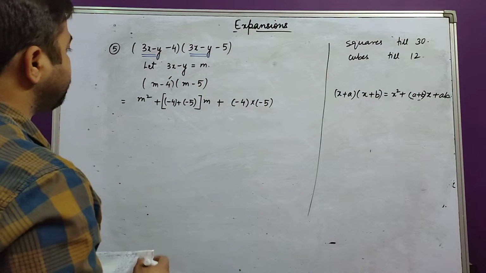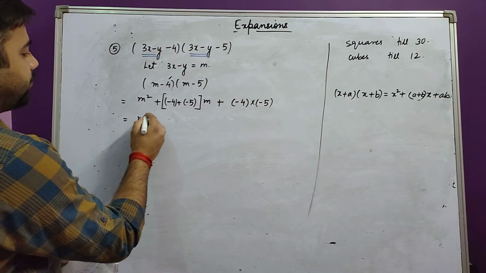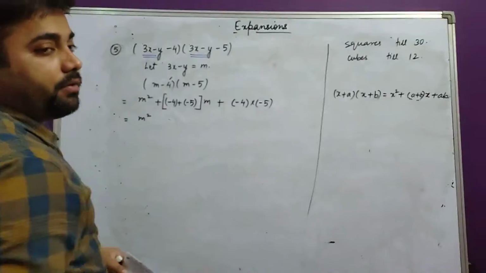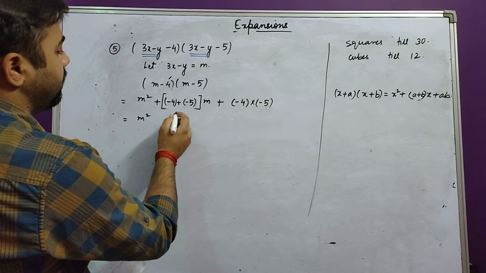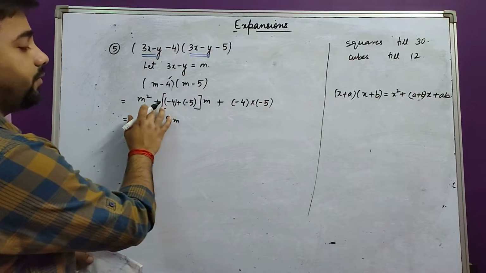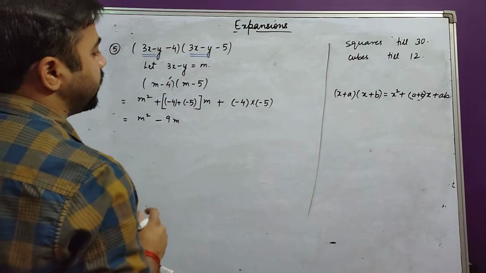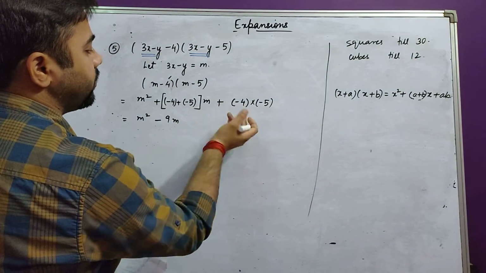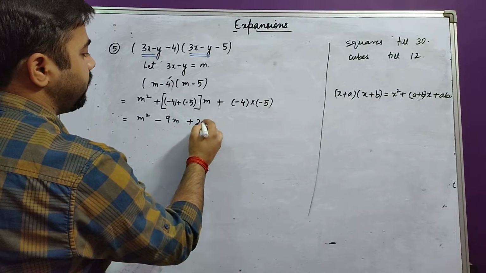So what it comes out to be is m square minus 5 minus 4, it comes out to be minus 9 m, it was minus and therefore minus plus was minus. I've written over here minus minus is plus and plus plus is always plus, that is 20.